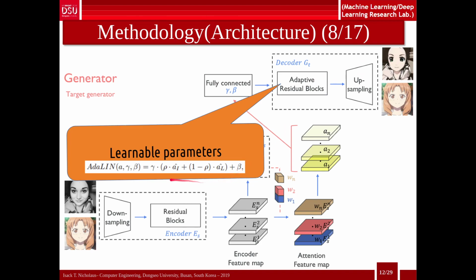But how do we calculate these two? As we can see, this is an activation function with a bar at the top here, and also this is the activation attention feature map, but with a bar at the top. So what do these represent? Let's see in the next slide.